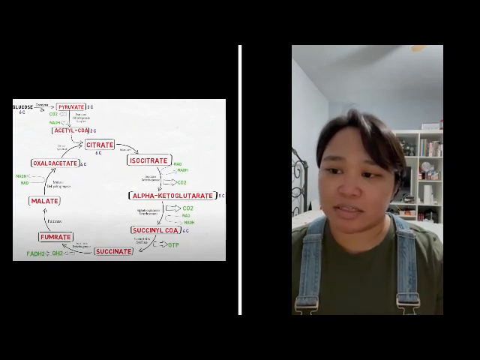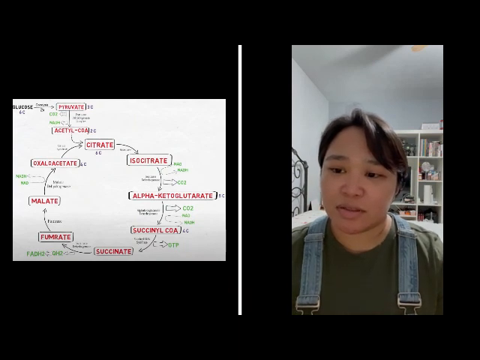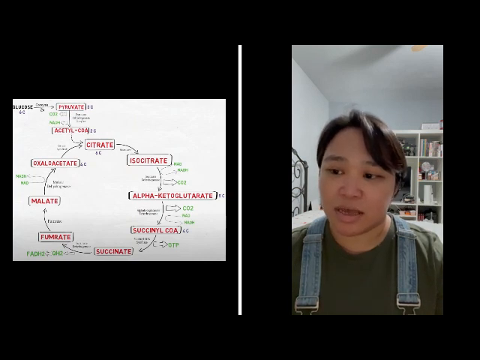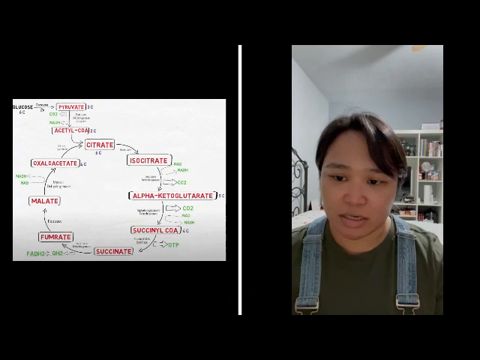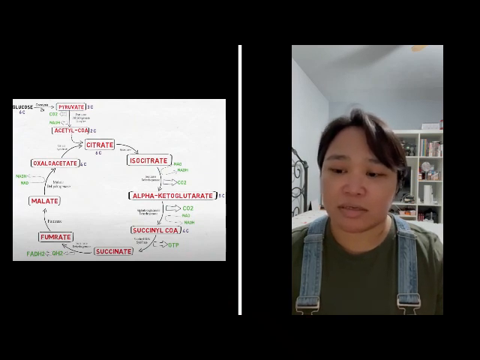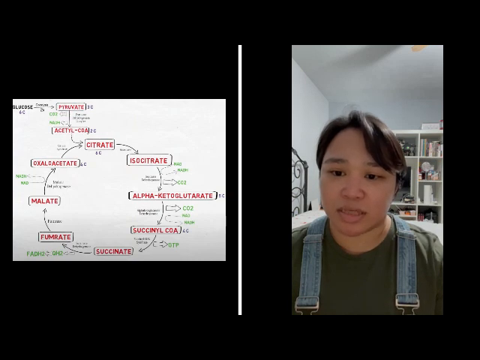Sixth, succinate is converted to fumarate with succinate dehydrogenase. Seventh, fumarate is turned into malate by the enzyme fumarase. And finally, eighth, malate dehydrogenase turns malate into oxaloacetate, and a molecule of NAD is reduced to NADH. This completes the cycle, and oxaloacetate can be converted to citrate using citrate synthase to start the cycle all over again with additional acetyl-CoA.